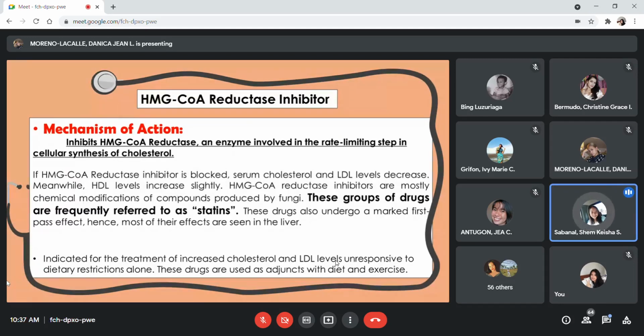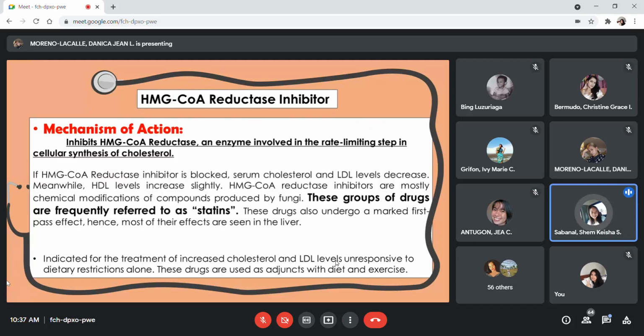And also, in this alteration of fat metabolism, our high density lipoproteins, which is our good cholesterol, increase. So these drugs are chemical modifications of compounds produced by fungi. And also, this is very important, these groups of drugs are frequently referred to as statins. So later on, when we see the drugs under this class, we can see that most or all of the drugs end in statin.